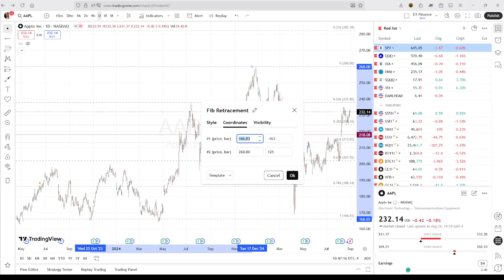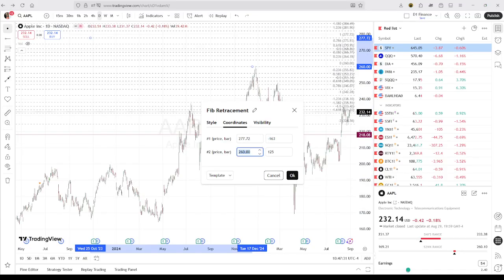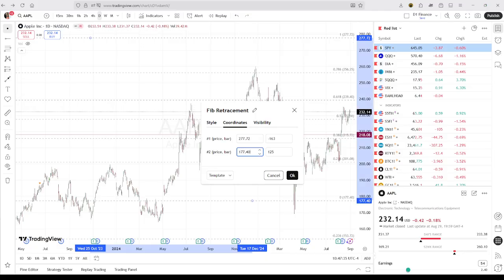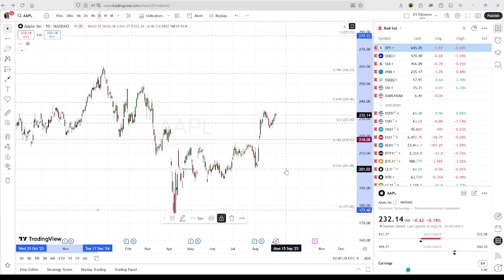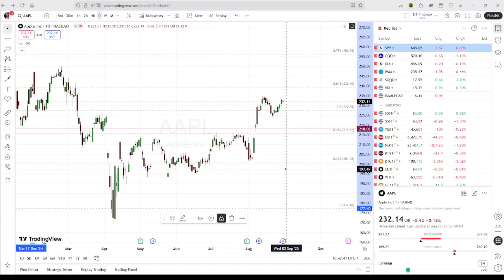I'm going to put my resistance up top, my support down bottom. And then we'll go from there. So we have 277.72, and then we have 177.4. Now, this makes for great support and resistance levels going into the next month.